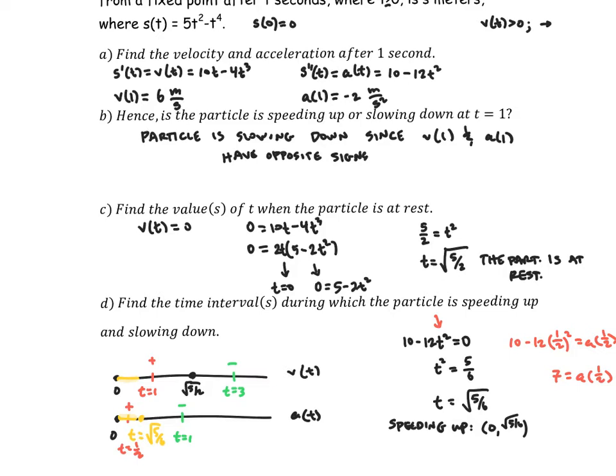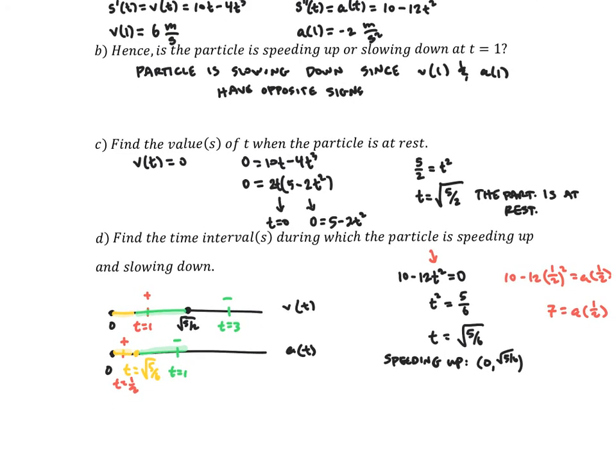Now from square root of 5/6 to the square root of 5/2, in that interval, we would have the particle slowing down.